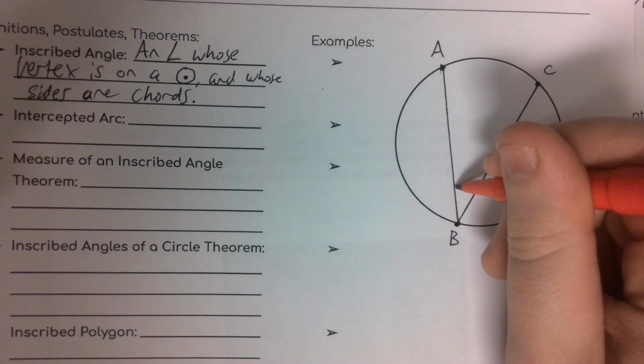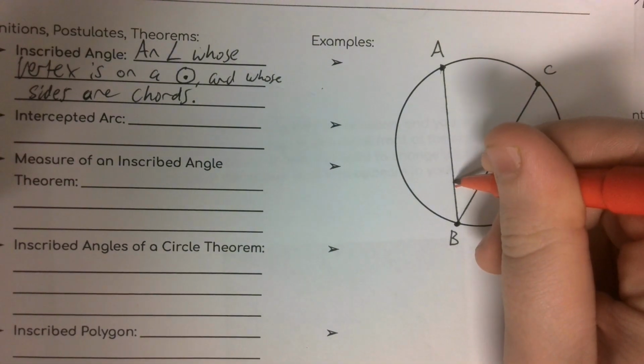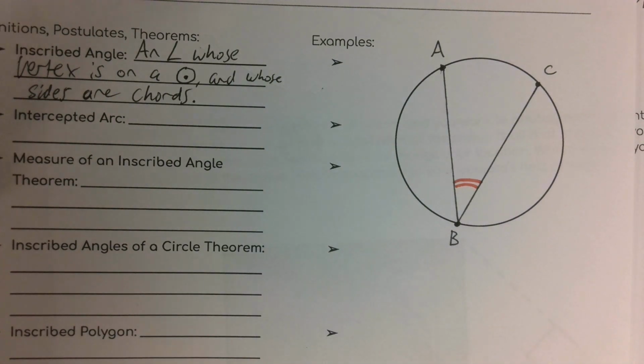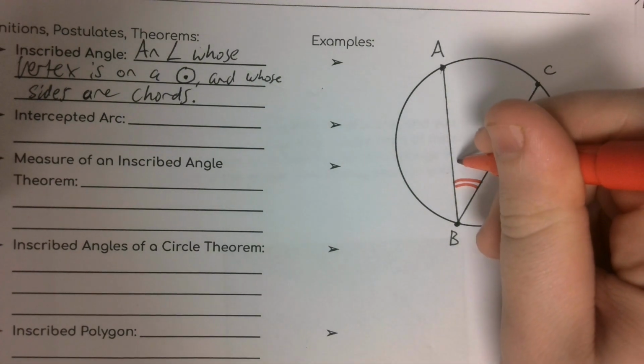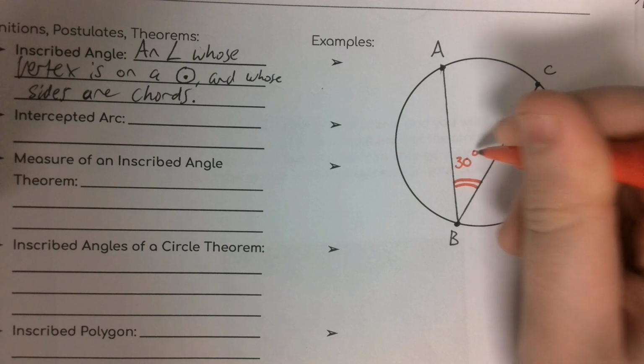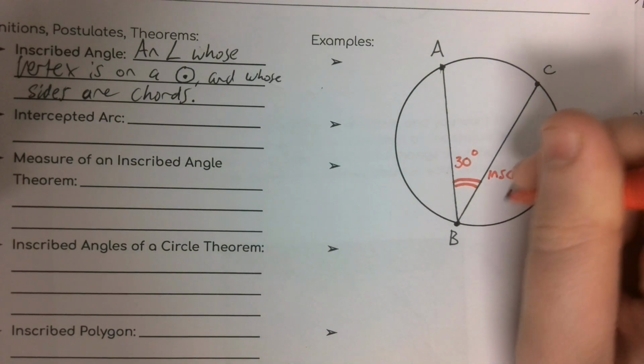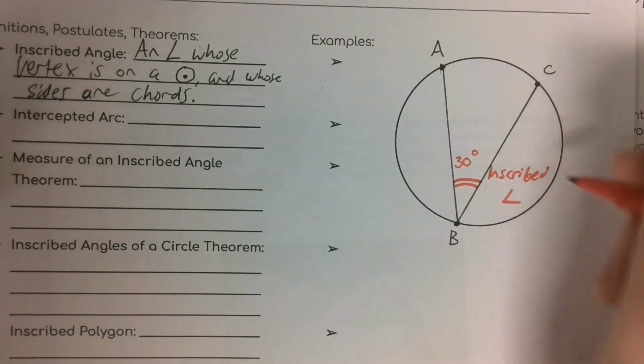So, if I make my angle here, let's say this angle is, I don't know, let's call it 30 degrees. This would be our inscribed angle. Nice.